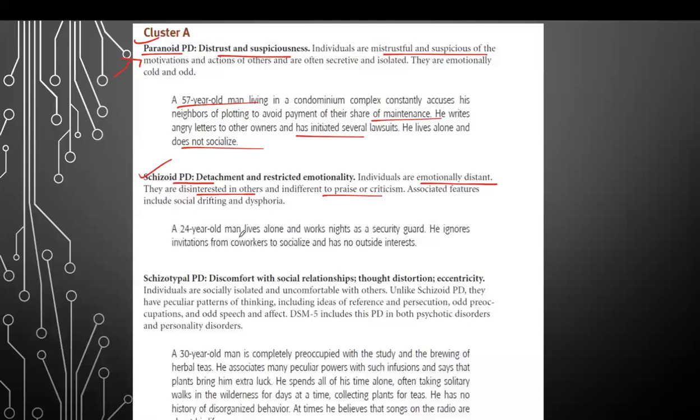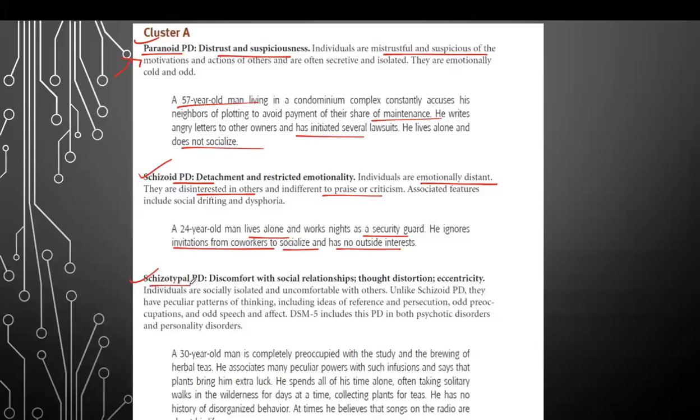Like this patient, a 24-year-old man lives alone, works nights as a security guard. He ignores invitations from co-workers to socialize and has no outside interest. A schizoid personality disorder patient will be like that. They are emotionally distant and they actually choose not to socialize. Okay.